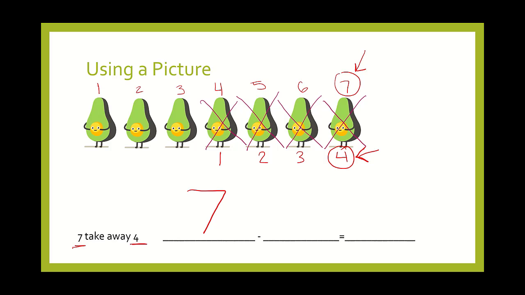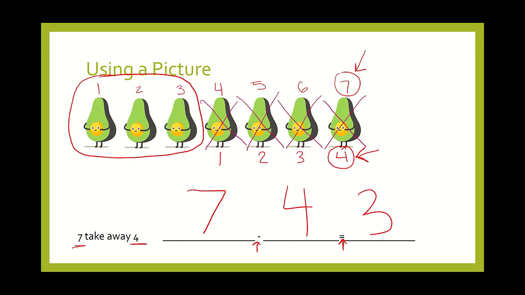And so 7 minus 4 equals, we have to count and see what is left over. How many are left over? So I'm going to circle the number that are left over. We already wrote our numbers to count them. 1, 2, and 3. So there are 3 left over. So you can say that 7 take away 4 is 3.